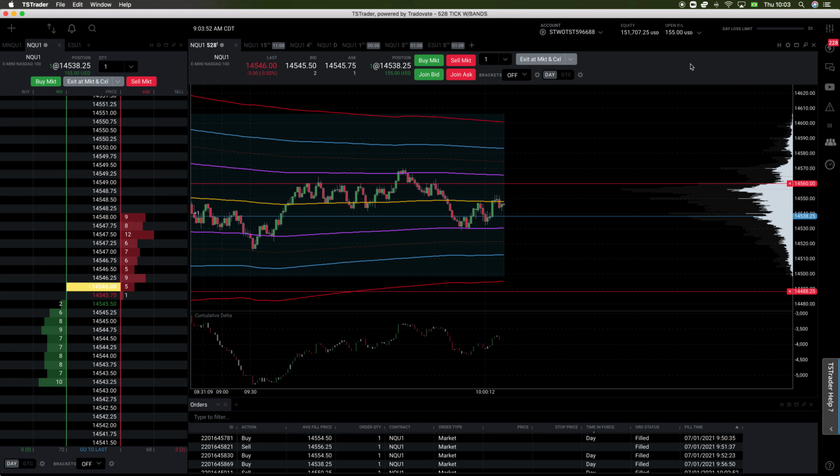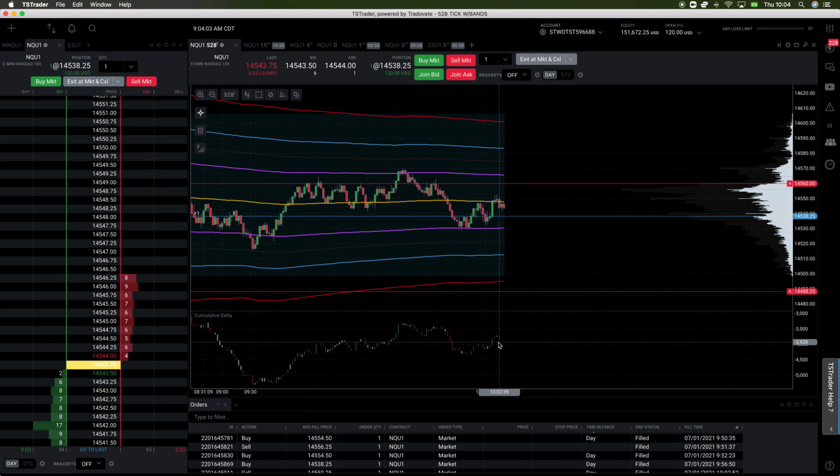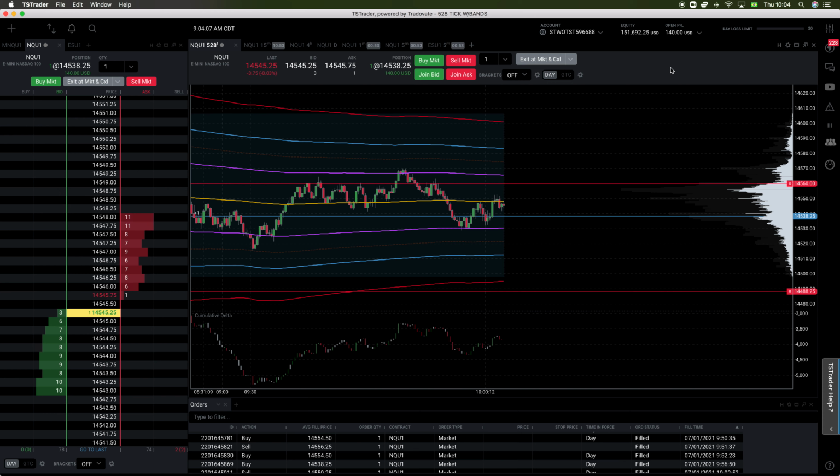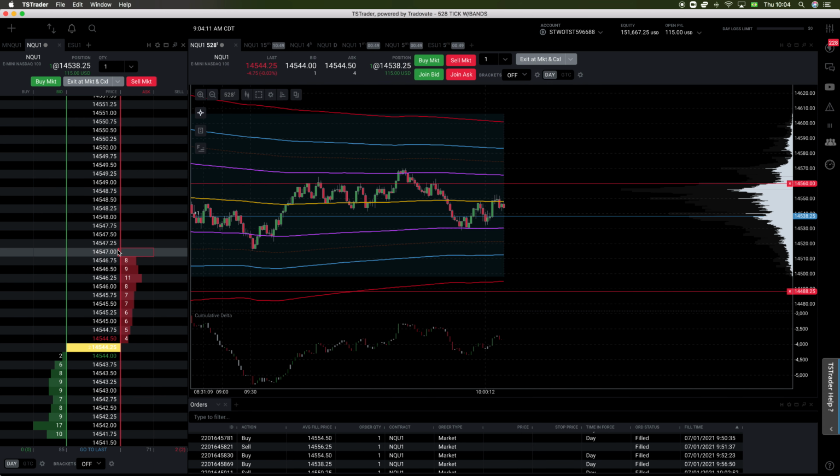I was okay with that deleverage. This candle right here would have freaked me out, and I would be sweating bullets right now. So I'm definitely happy with my deleveraging position here.